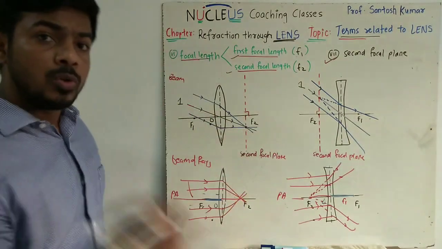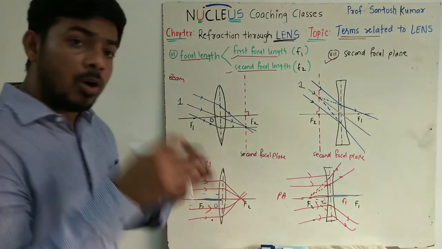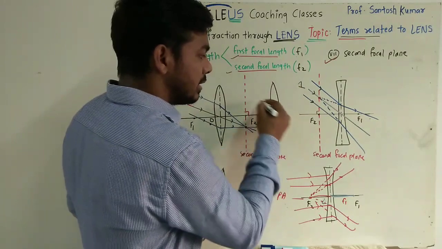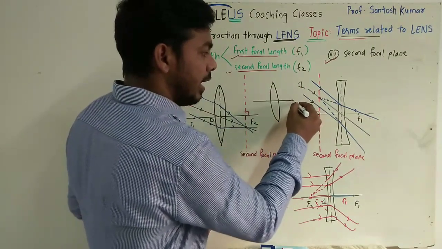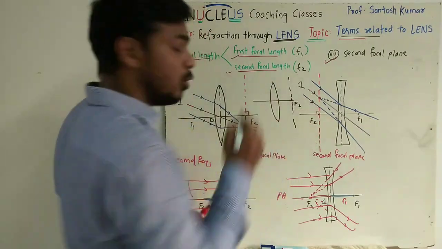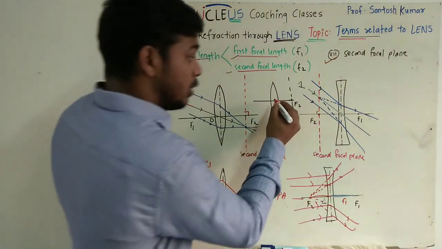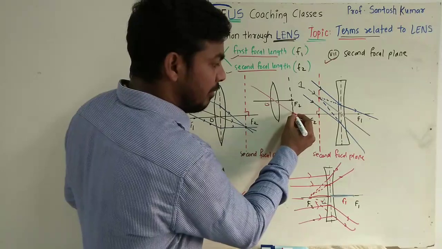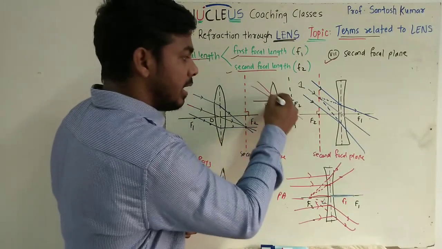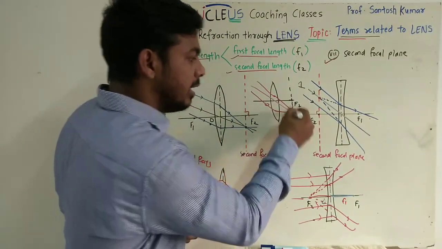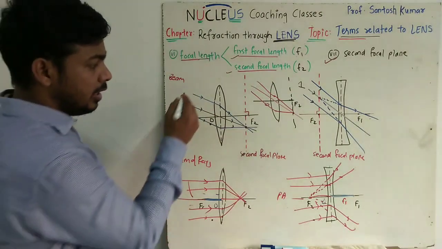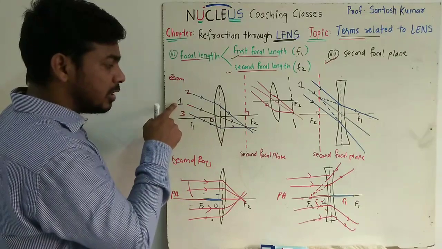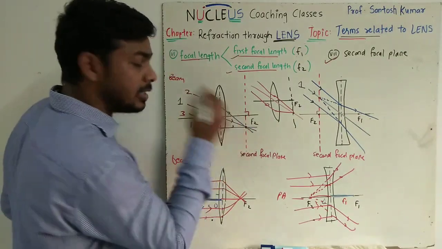So if you want to get the point where this whole beam of rays is converging, you just consider the point f2, draw the second focal plane, and draw the ray which is first passing through O. The point where this ray meets, other rays parallel to this ray will definitely meet at this point. This is very important. You can name them 2 and 3. Other rays parallel to the first ray will definitely pass through this point.